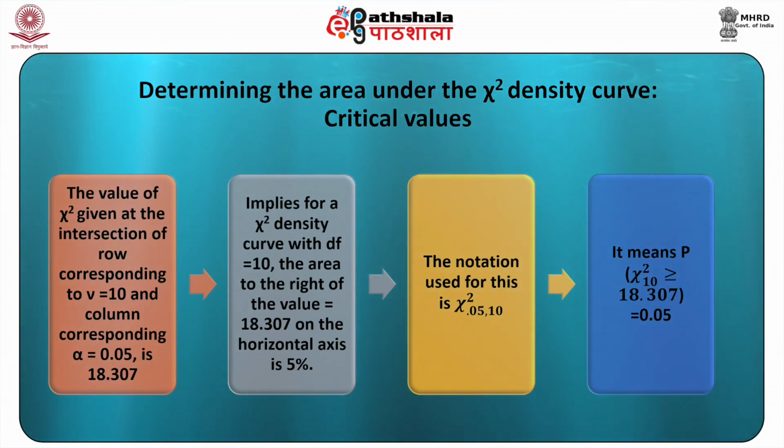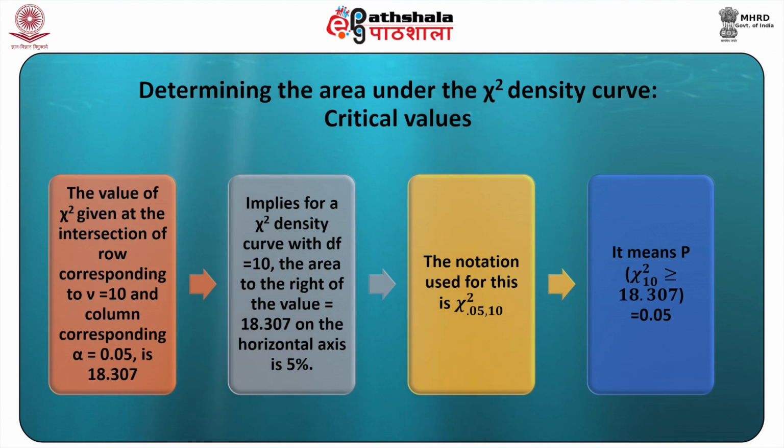For example, the value of chi-square given at the intersection of row corresponding to nu equal to 10 and column corresponding to alpha equal to 0.05 is 18.307. This implies that for a chi-square density curve with degrees of freedom equal to 10, the area to the right of the value is equal to 18.307.